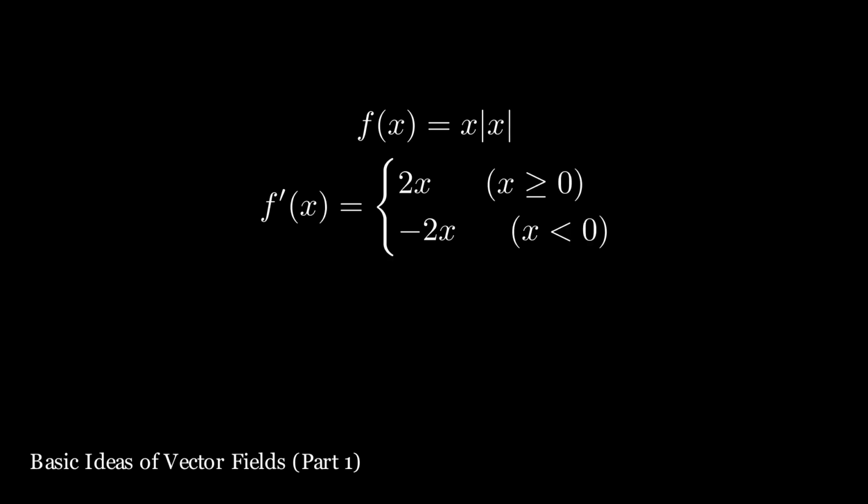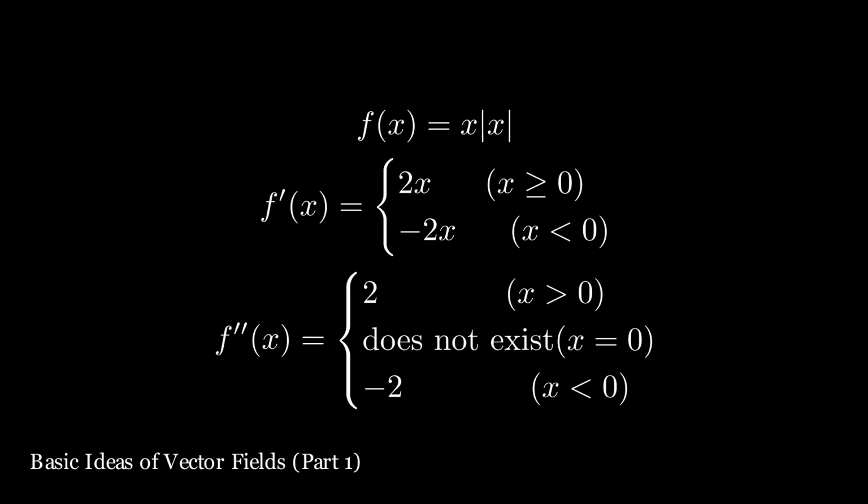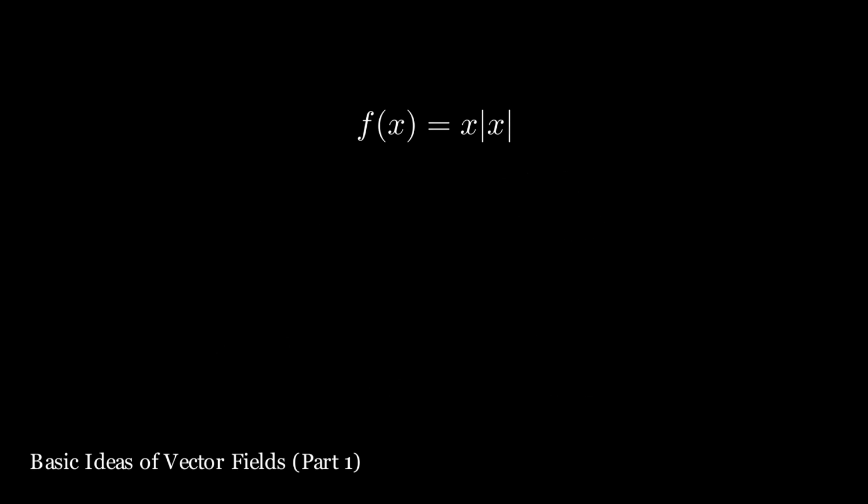Then the derivative f'(x) is like this. This function is continuous at x equals 0. But f''(x) does not exist at x equals 0. So f is a C^1 class function, but not a C^2 class function.